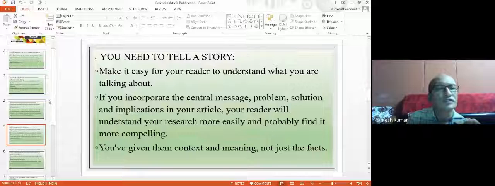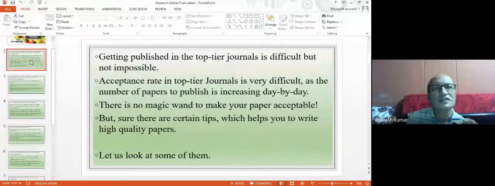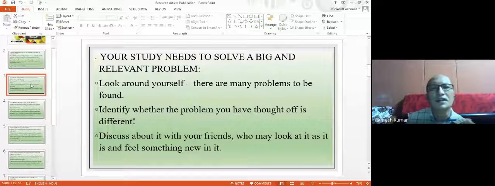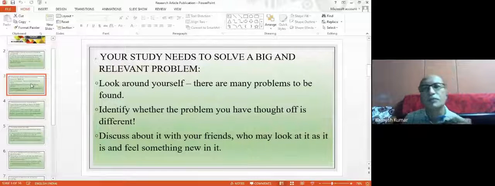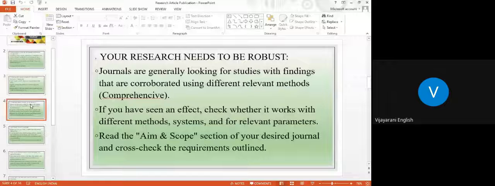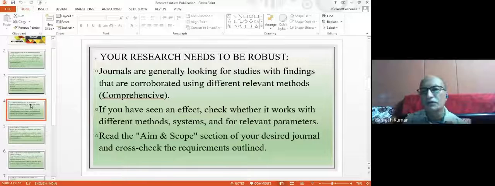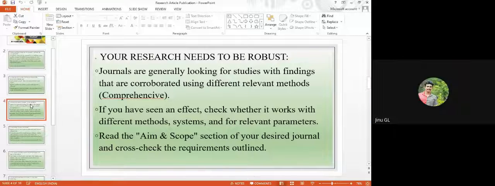This is the second slide, getting published in the top journals and all that. And your study needs to solve a big and relevant problem is the third slide, which I have looked at. Yeah, next one. This way you are able to see it. Yes, sir.